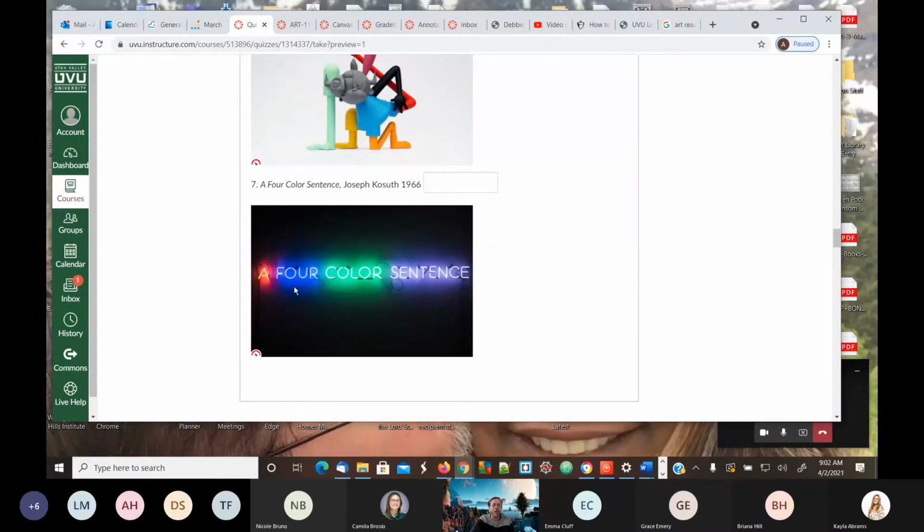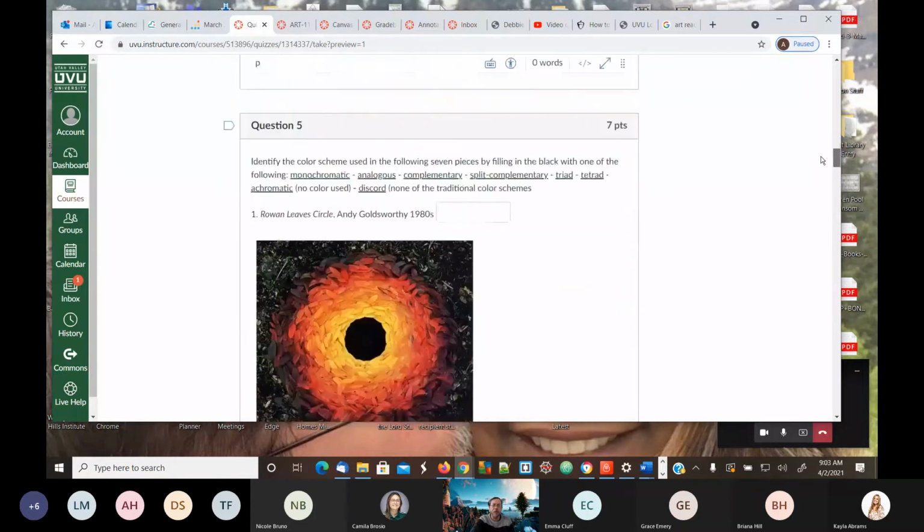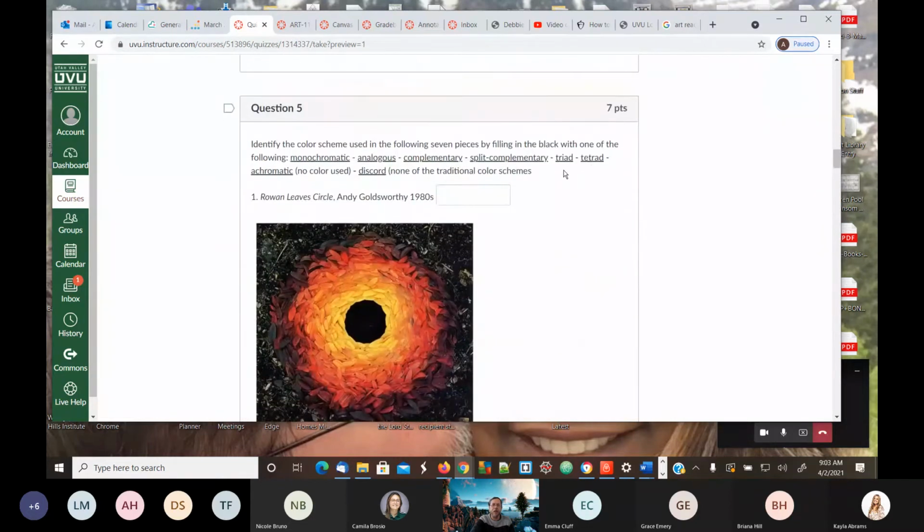Now the last one, the clue is right here, right in the sentence itself. Which of those color schemes is this following? If we look up right here, we've already used monochromatic, analogous, complementary, achromatic, discord, and triad.